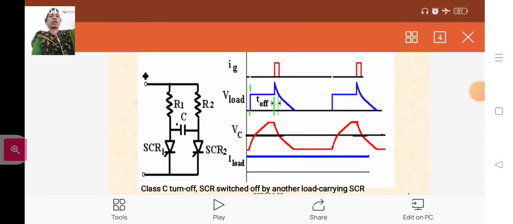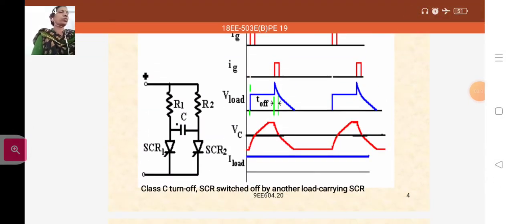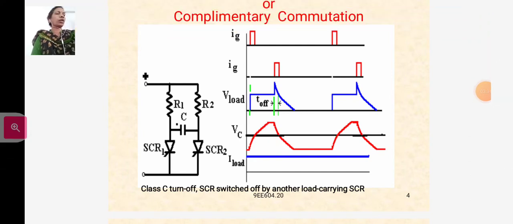In this case, load current flows from the battery to load 2 through thyristor T2. In addition, the charging current flows from the battery through load 1, capacitor C and load 2. This charging current charges the capacitor to supply voltage with reverse polarity.